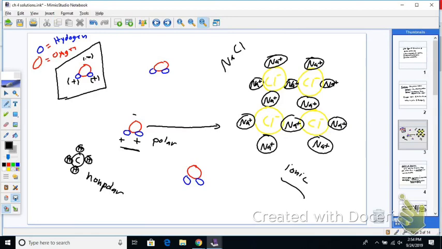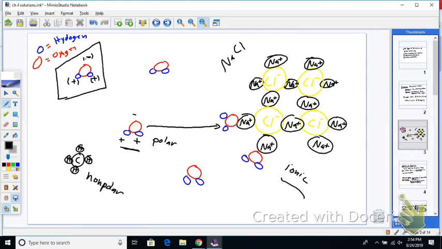All right? And so this part of the water molecule will attract itself on to the Na because it's going to be negative. All right? And the positive side definitely stays away. And what it does is it attaches itself and then it pulls away.